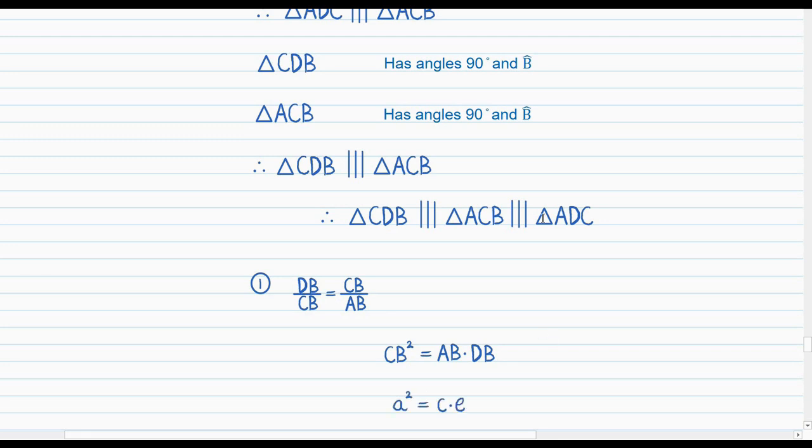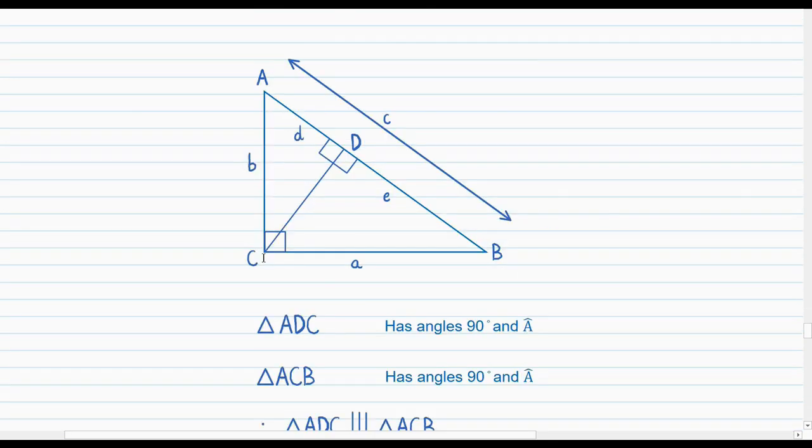Then next we can compare triangle ADC and triangle ACB. This time I'll take the ratio of side AD over AC, meaning the shorter side over the hypotenuse of triangle ADC. And I'll equate this to the shorter side over the hypotenuse of triangle ACB, meaning AC over AB.